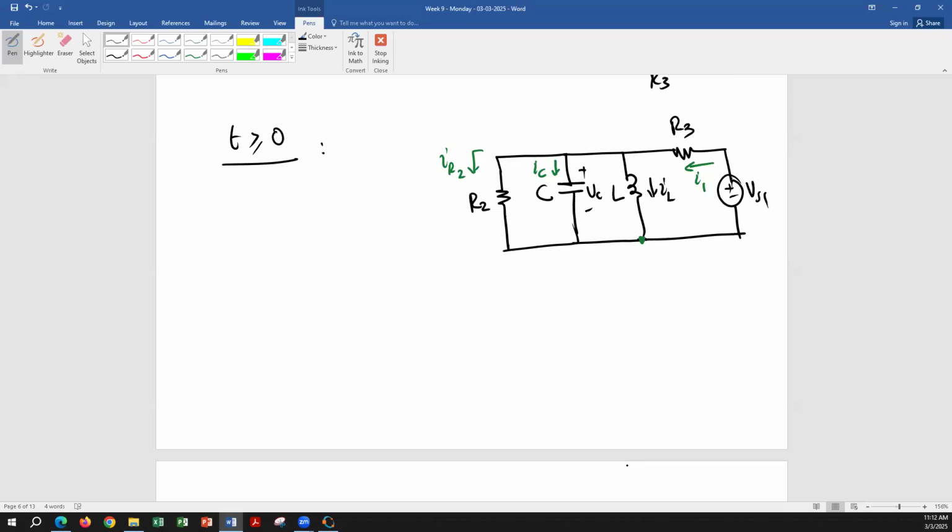Mike, Rodley, Reyes, Natasha, Lazaro, anyone. Gloriana. Yes, Gloriana. Times? Okay, that's IR2. Very good. What about I1? IL we already know, IL at 0 positive we know already.